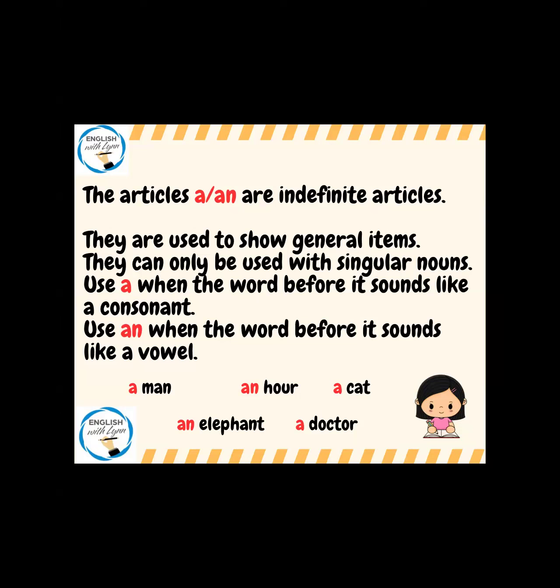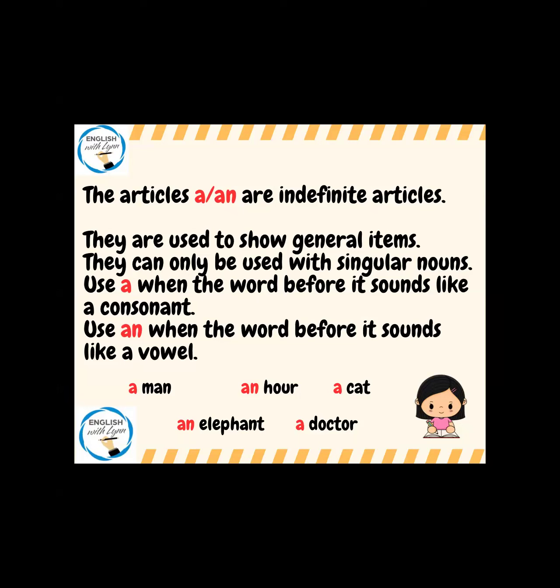And the final thing about a and an, you would use that in front of the professions. So if you are talking about he is a doctor, he is a dentist, you would have either a or an before it because you are speaking about the job that someone is doing.